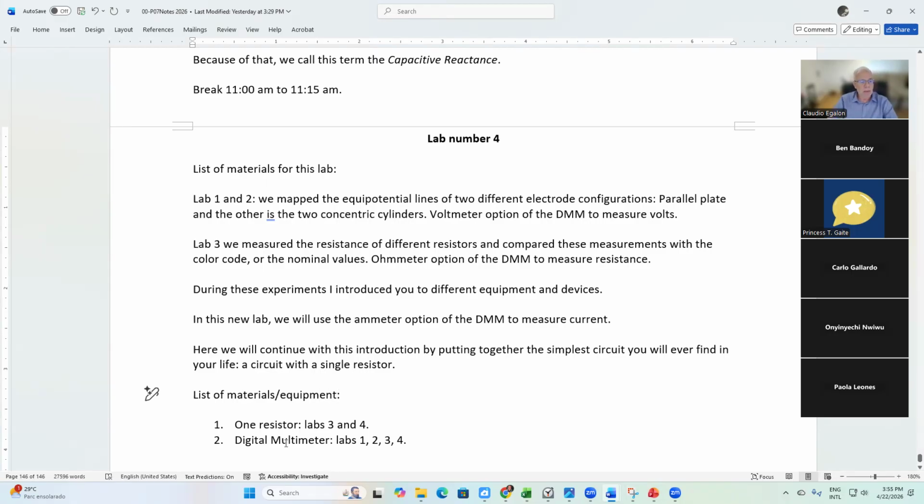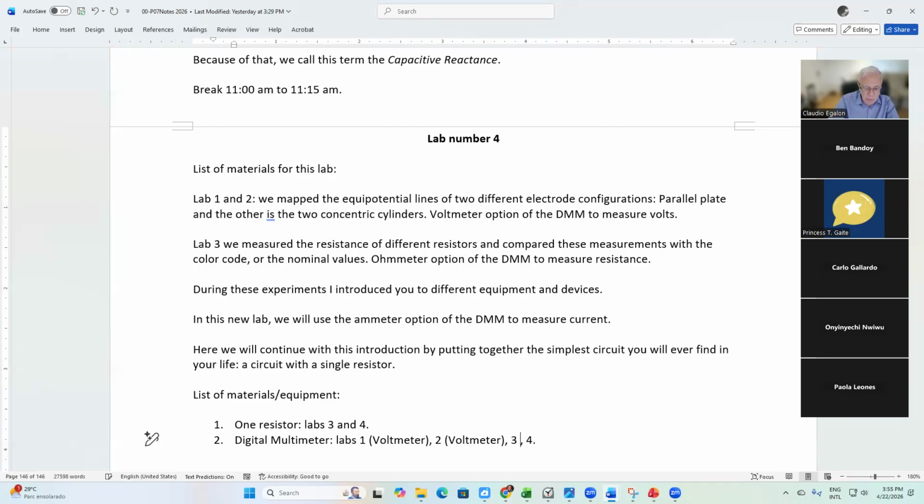We use the digital multimeter in all the 4 labs, 1, 2, 3, 4. Labs 1 and 2, we use it as a voltmeter. Lab 2, we use it as a voltmeter as well, right? Just like I mentioned before.